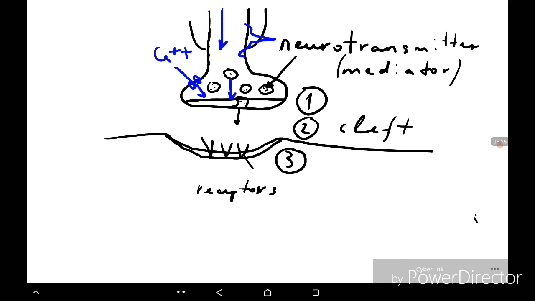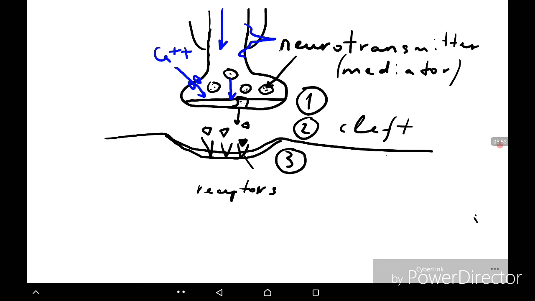This is called exocytosis of neurotransmitter. So the molecules of neurotransmitter move in the synaptic cleft, and at the end they reach the receptors, and they specifically bind to the receptors of the postsynaptic membrane.